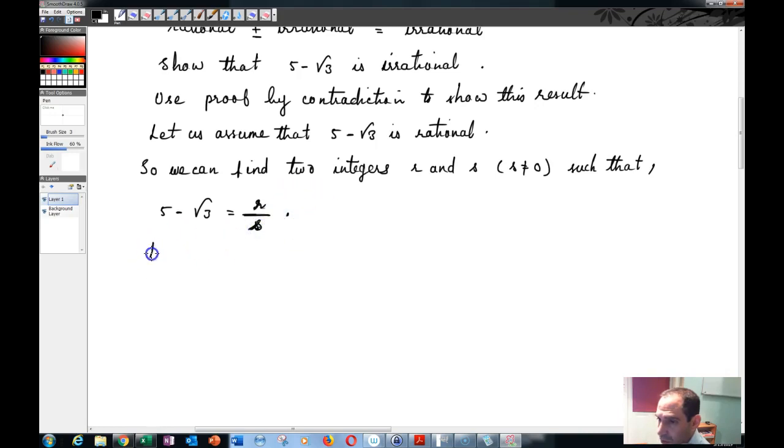So now let's suppose, for example, that r and s have a common factor.